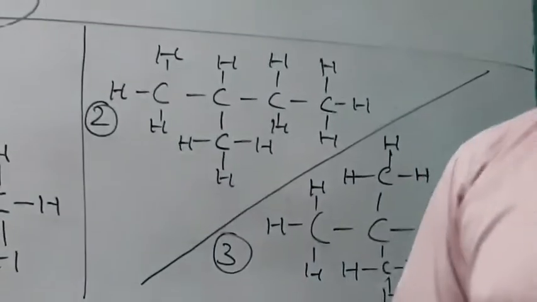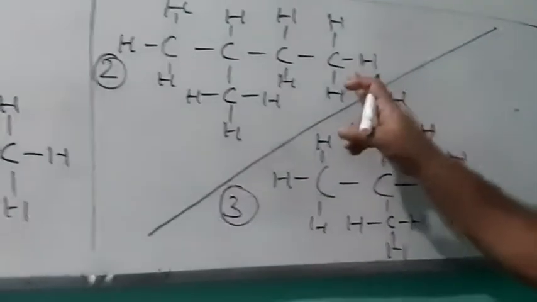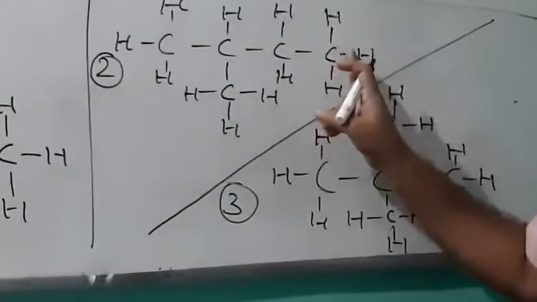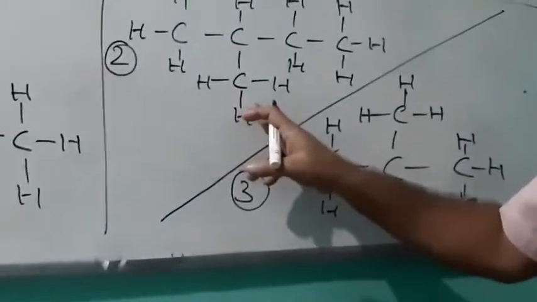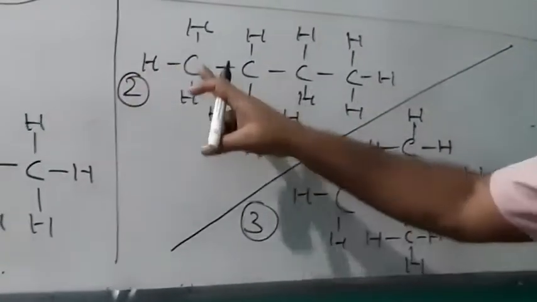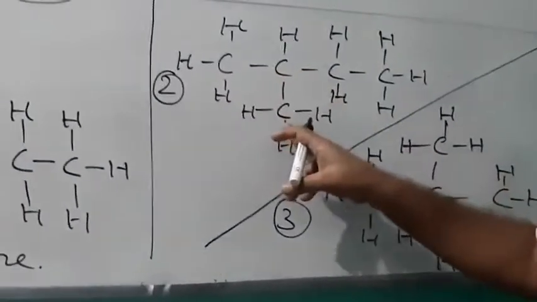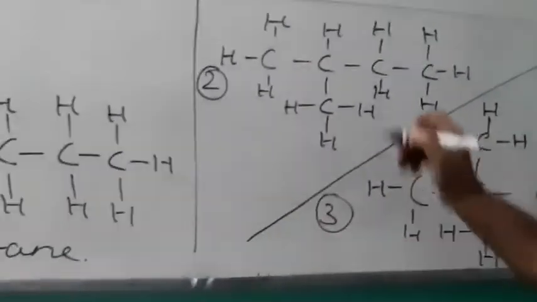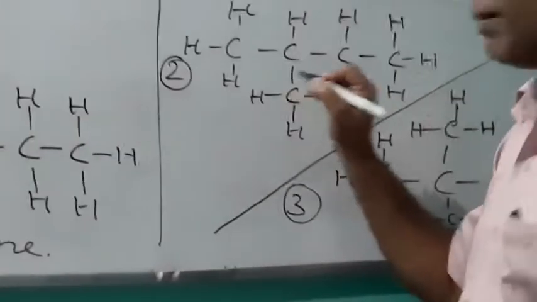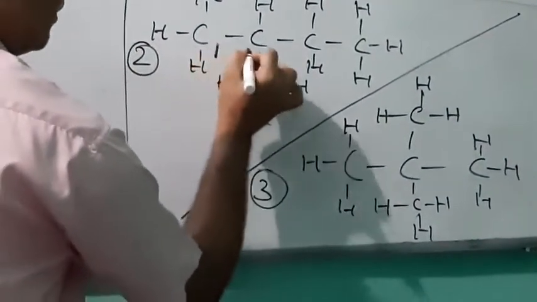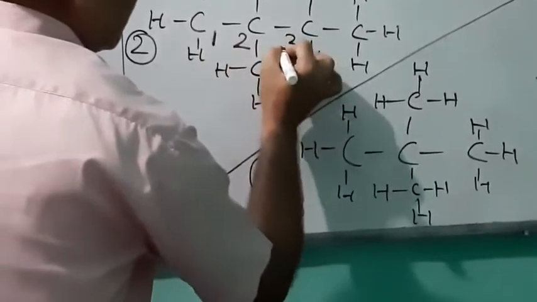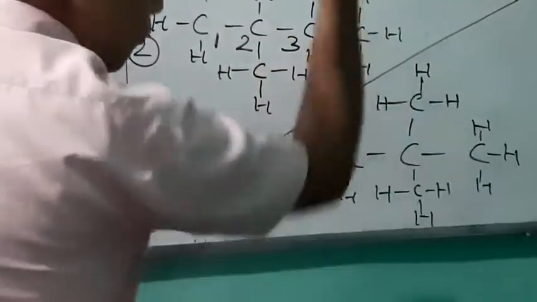If you count from this side, 1, 2, 3, the branch is at the third carbon. But counting this way, it is at the second carbon. So we will count this way: this is the first carbon, this is the second, this is the third, this is the fourth.